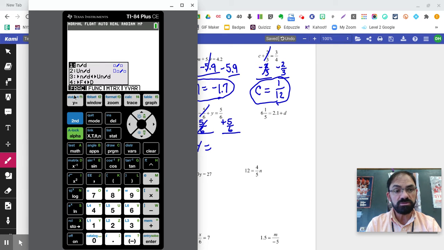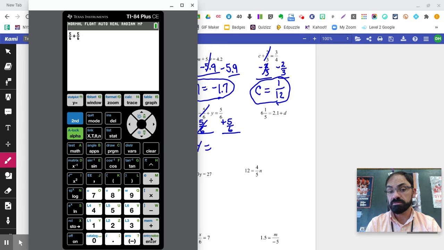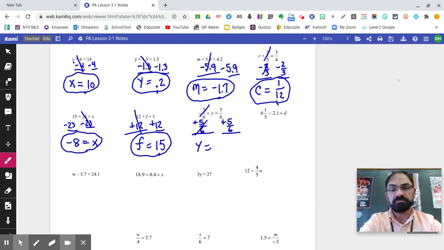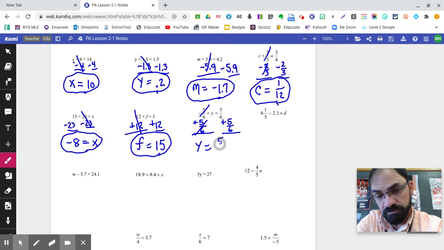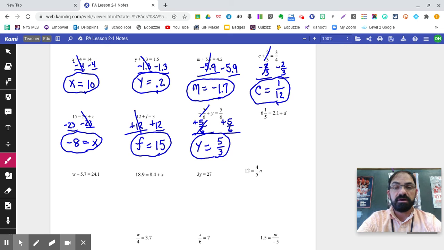Alpha, y equals, brings up a fraction, 5/6. And I want to add another 5/6, alpha y equals. And we will get 5/3. Excellent.